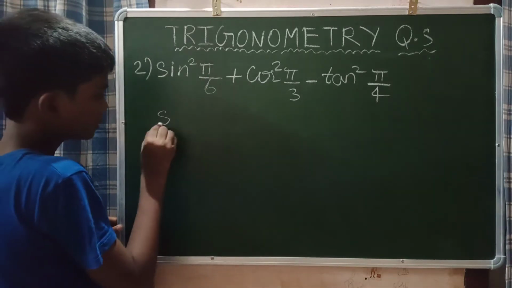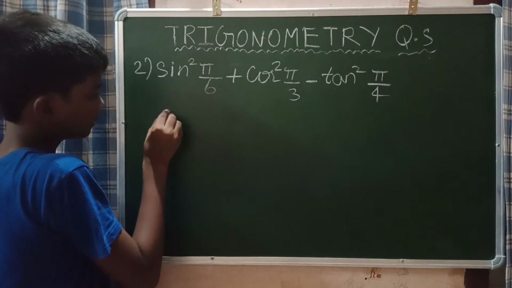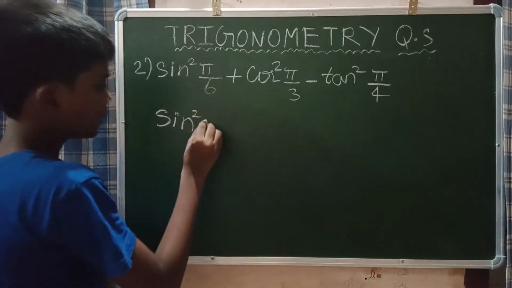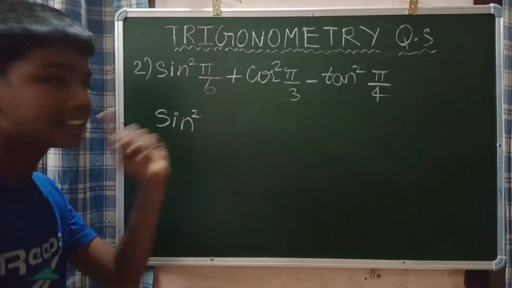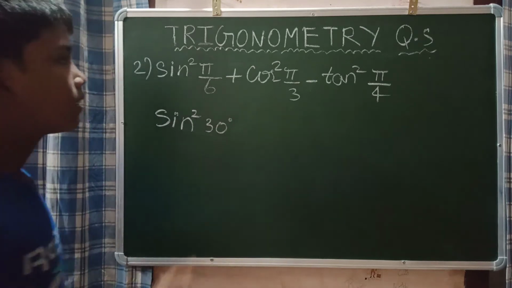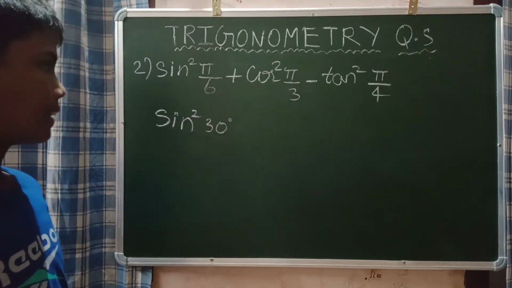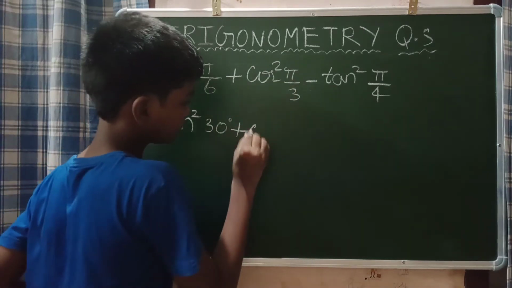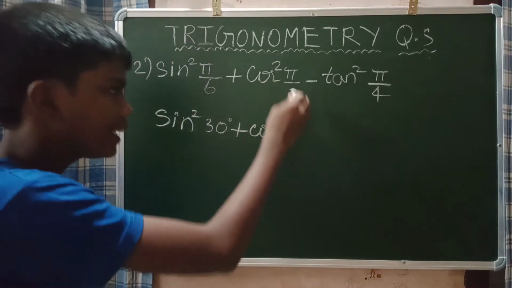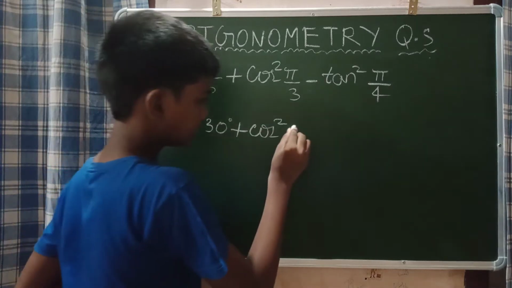That is sin square 180 by 6. 180 by 6 is 30 degree. And cos square pi by 3, that is cos square 180 degree divided by 3, which is 60.